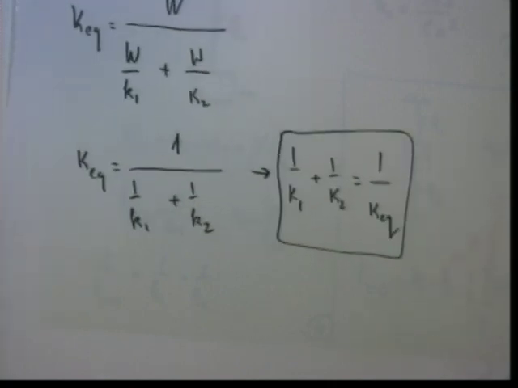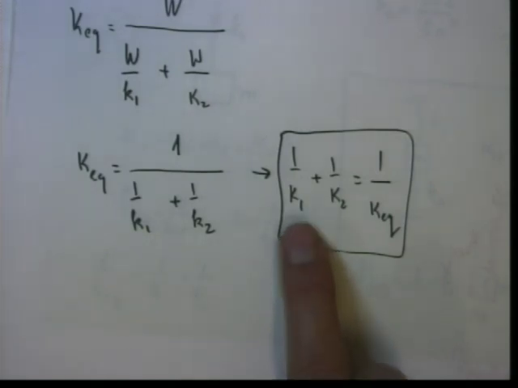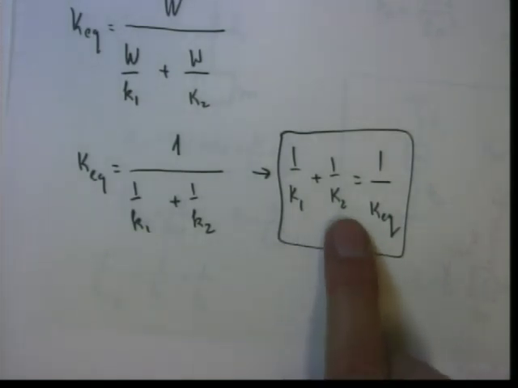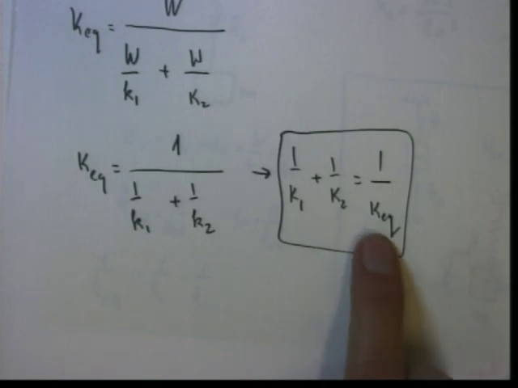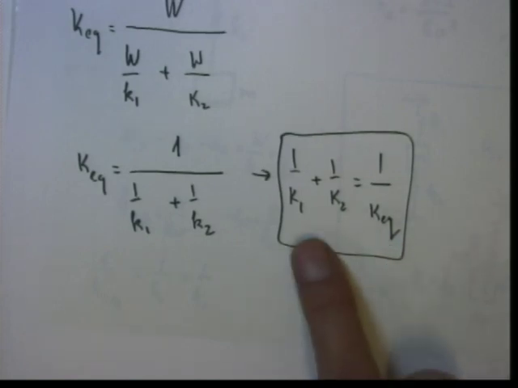So that is an expression if they are in series. If the springs are in series and their constants are K1 and K2 respectively, then K equivalent is such that 1 over K equivalent equals 1 over K1 plus 1 over K2.